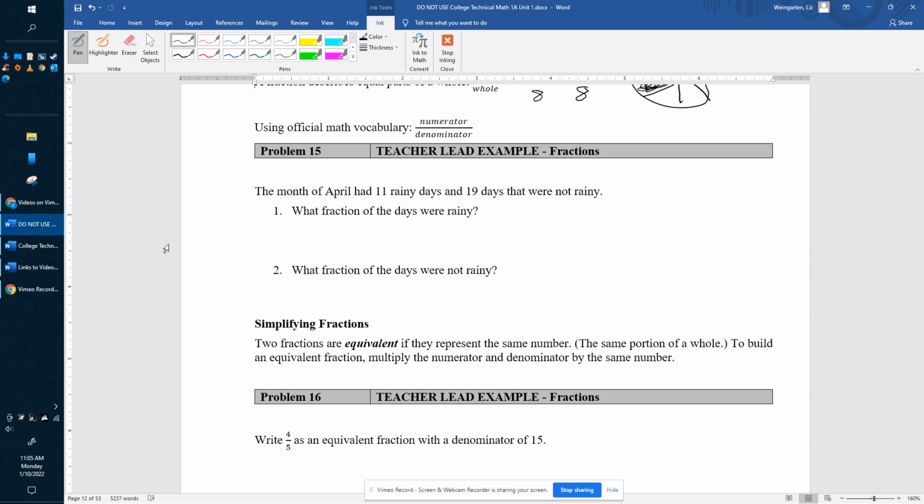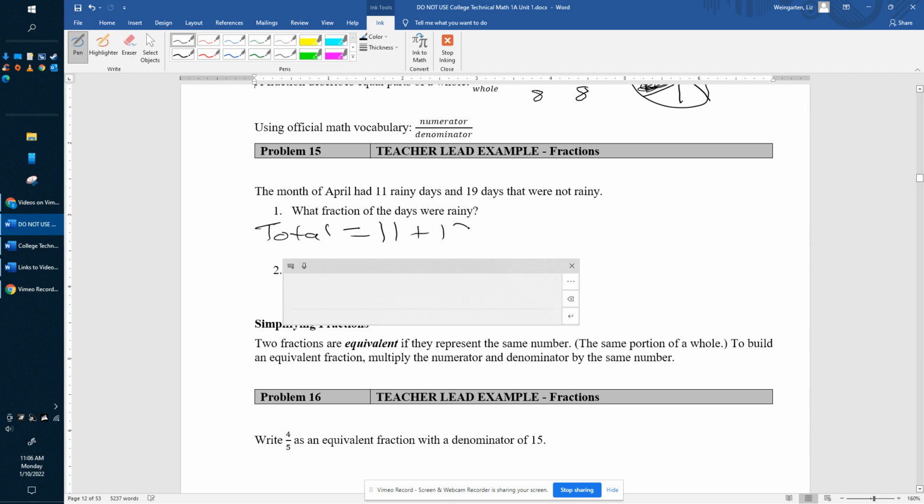What is the total number of days then? We're going to have 11 plus 19, which is going to give us 30 days in April. Remember, 30 days have September, April, June, and November. April truly does have 30 days.